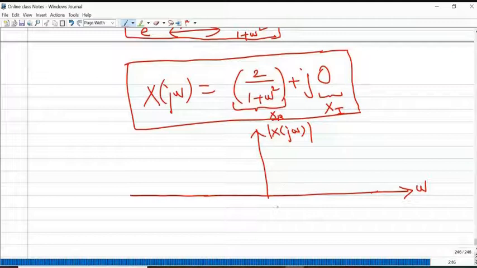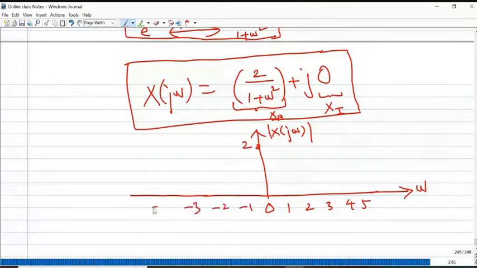So omega equal to 0: substitute 0, root of 2 square, you'll get 2. Omega values 1, 2, 3, 4, 5 and so on, and minus 1, minus 2, minus 3, minus 4, minus 5. Substitute omega value 1: 1 plus 1 is 2, 2 by 2 is 1, root of 1, you will get 1.